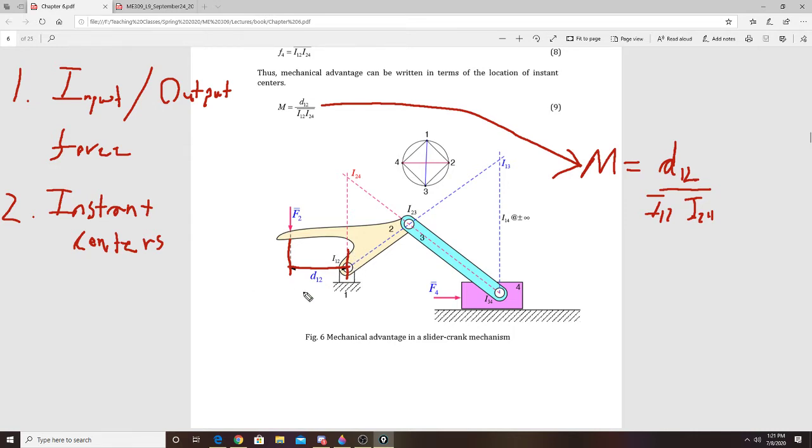So, if you put your ruler on the screen, or if you print it out and put your ruler across it, you would find that I'm assuming this right here looks about 1 inch, right? Maybe more, maybe less, depends on how much I zoom in, obviously, but that distance right there, we'll say 1 1/4. How about that? So I'm going to say D12 is 1 1/4.